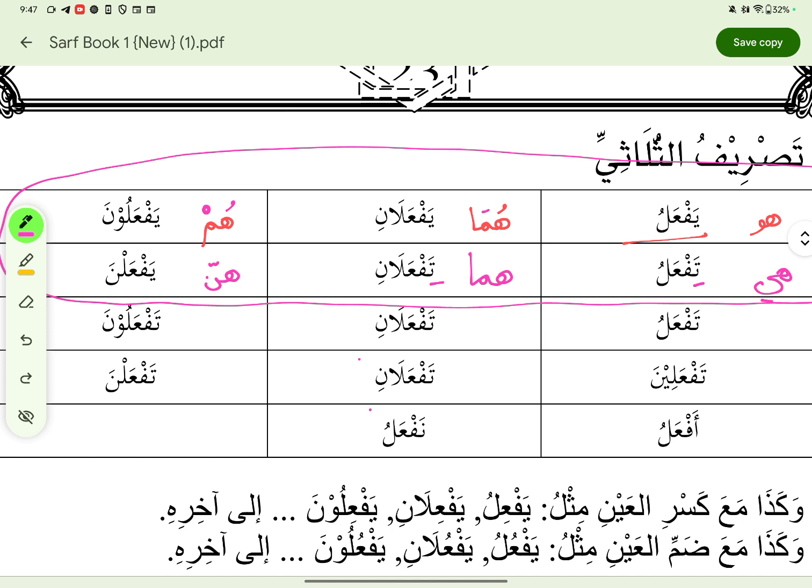Ahsant. Barakallahu feek. Brother Saif, you want to try the yatawadda'u? Nobody wants to do that one. Okay, hopefully I give it justice. Huwa yatawadda'u.